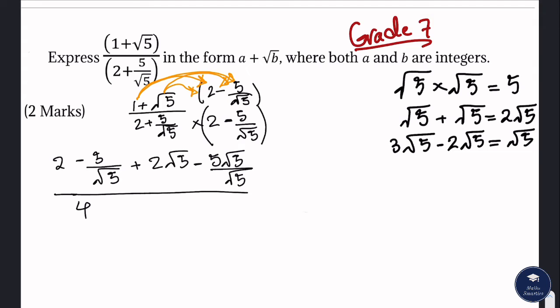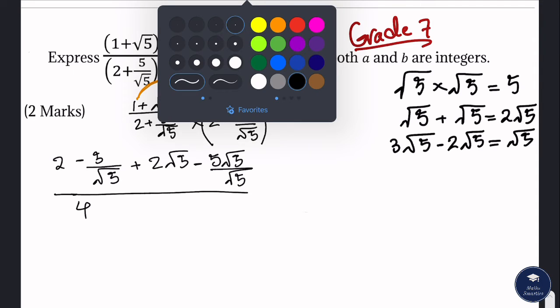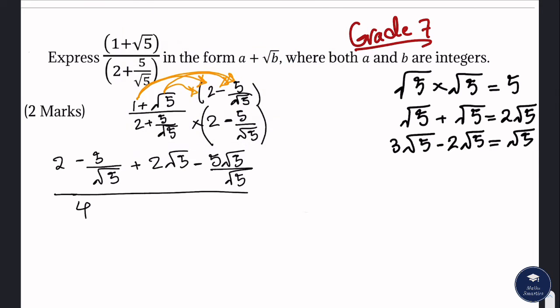Now, the key here, the whole point of this method, is to eliminate these two. Okay, we get rid of these because the positive cancels out the negative. So this goes with this. So we say bye-bye to these.